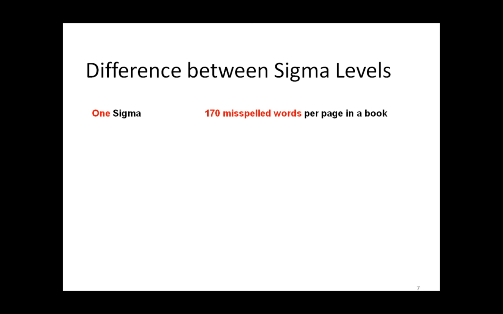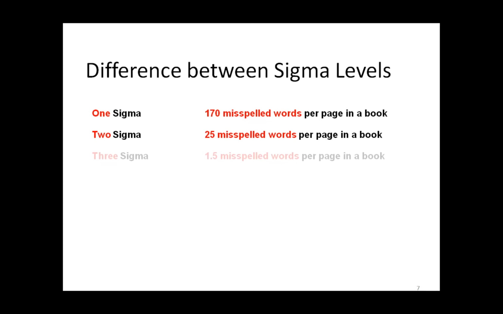If I were to look at 2 sigma, it would mean 25 misspelled words per page in a book. Better, good. 3 sigma would mean only 1.5 misspelled words per page in a book. So now the measure is becoming tougher.